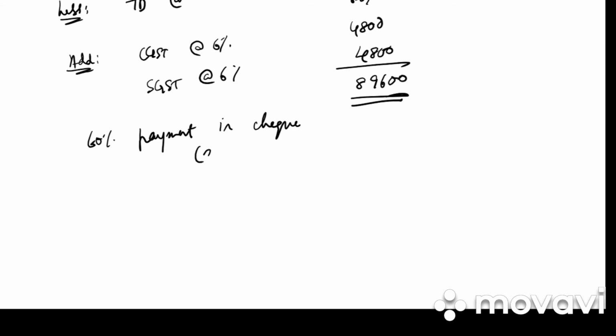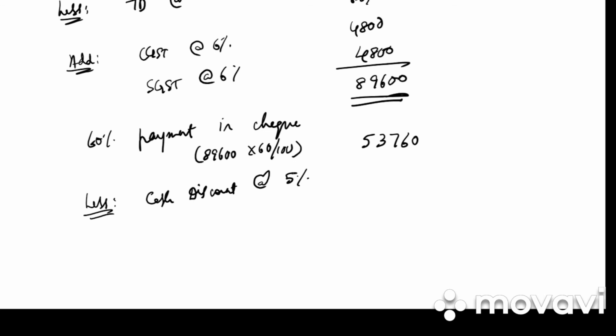So 89,600 into 60 by 100, it is 53,760. And then we get a cash discount, less cash discount at 5%. How much is it? 2,688. So 53,760 into 5 by 100.